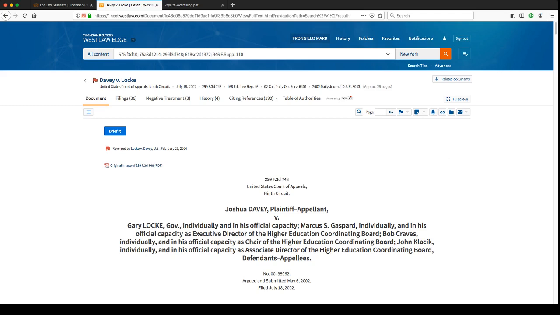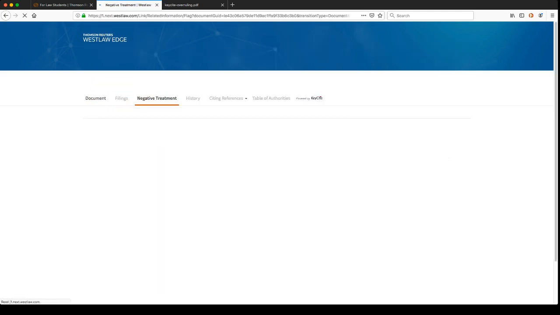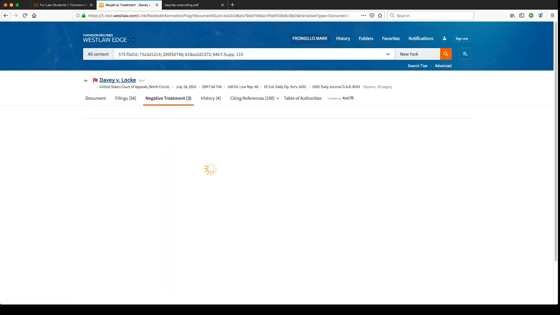If that is what you were dealing with, do not use the case you retrieved. Go to the higher reversing authority. And we could certainly see this here. Our case, Davey v. Locke, has a red flag, and we know it was reversed by Locke v. Davey.